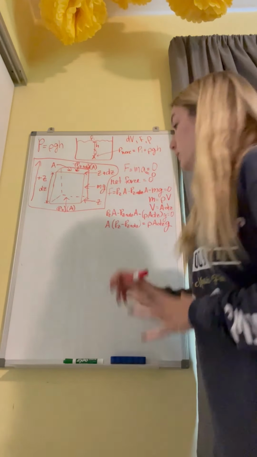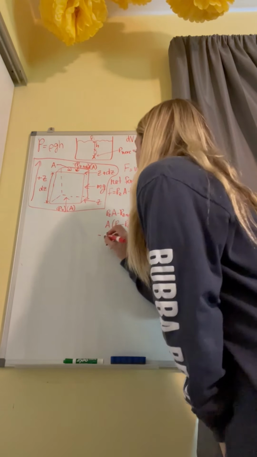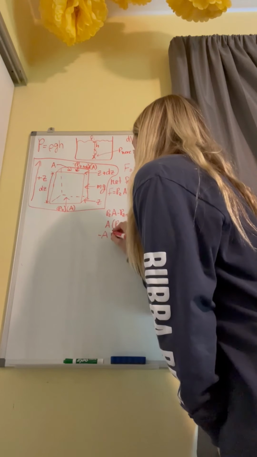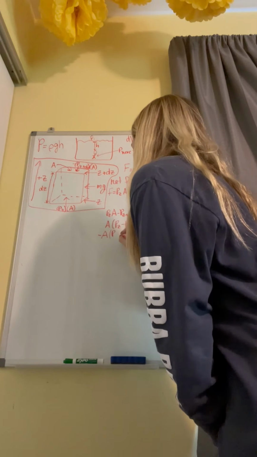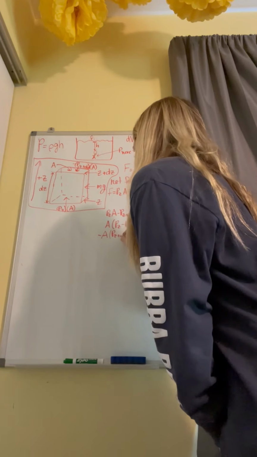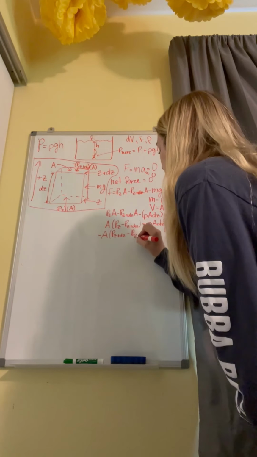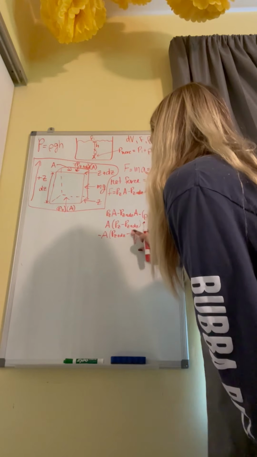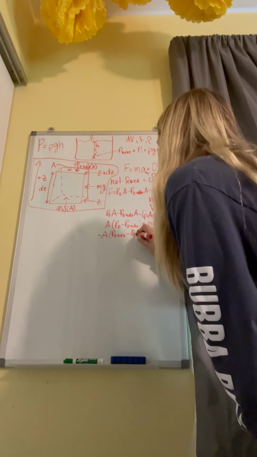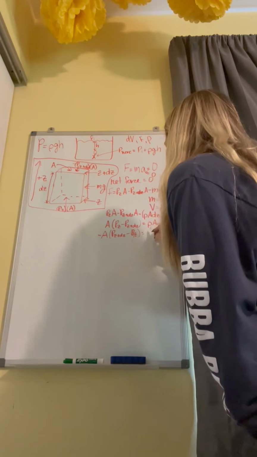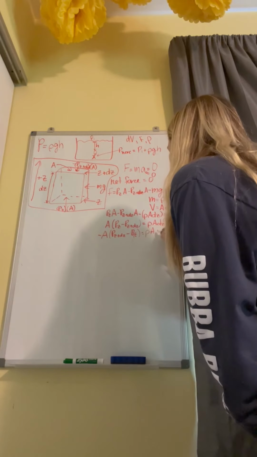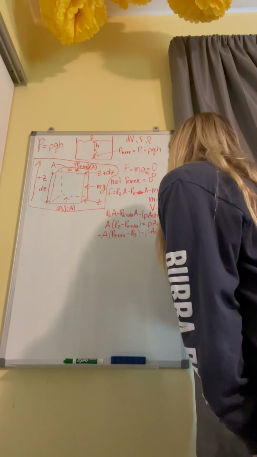So now we want to rearrange this just a little bit. We're going to bring out this negative sign, have negative A times P(z plus dz) minus P(z), and all of this is still equal to rho A dz times g.